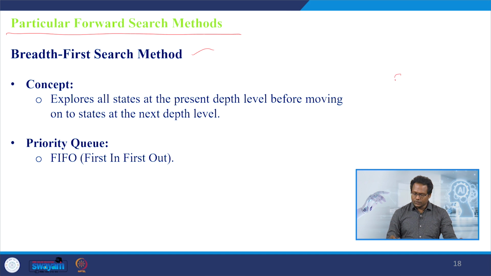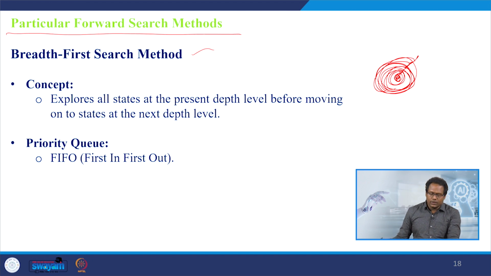That means, if it is the initial state, it will search here, and when it is coming here, it will search here again before moving to the next state level. So, it will search here and then it takes the direction, go up, go next, then search exploring here fully, then go up, then search. So, this is the concept utilized here.